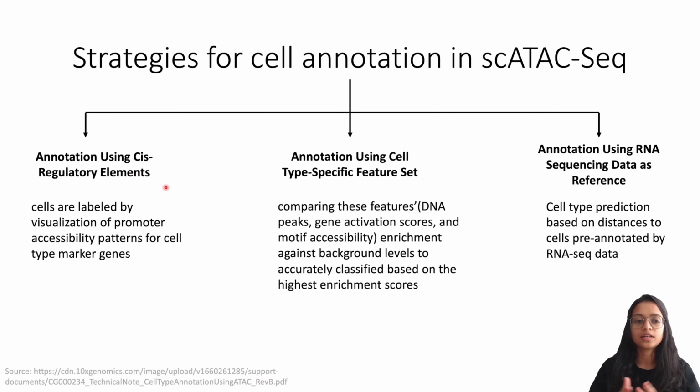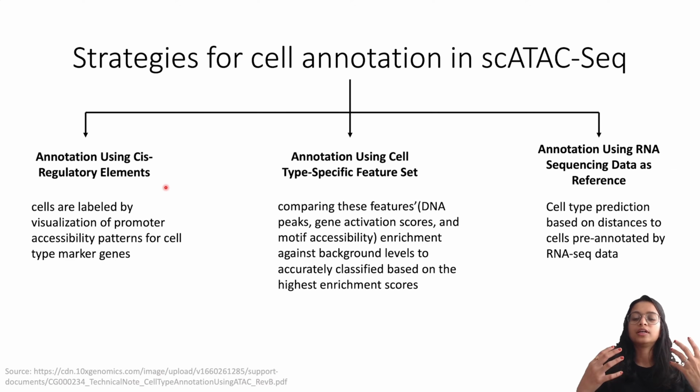The idea here is that cells are labeled by visualizing the promoter accessibility patterns of cell type marker genes. There is an assumption that there is a general correspondence between gene body or promoter accessibility and gene expression, which may not always be the case, but we assume that if there is accessibility in the gene body or promoter region of a gene, then that gene is expressed in that cell.